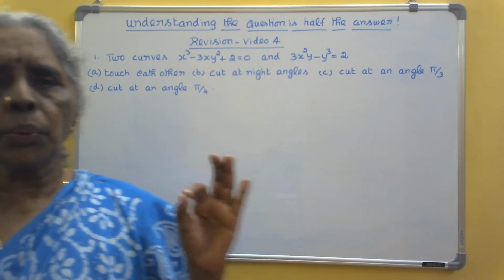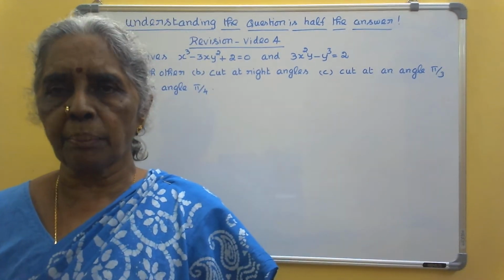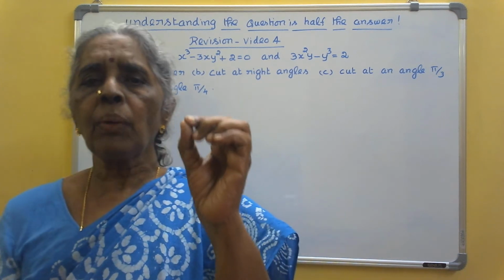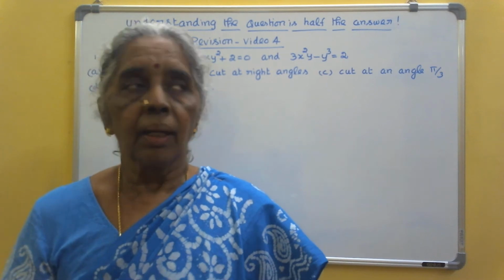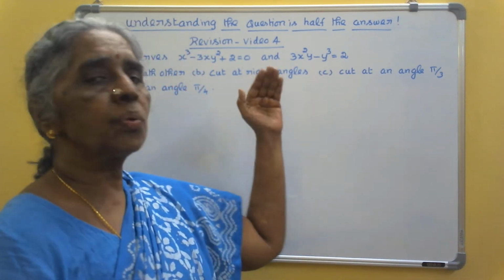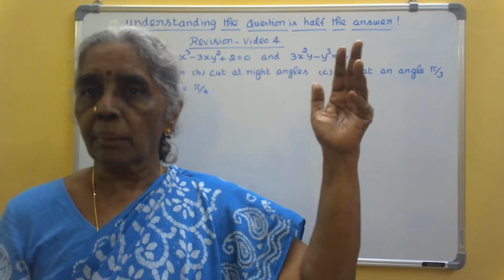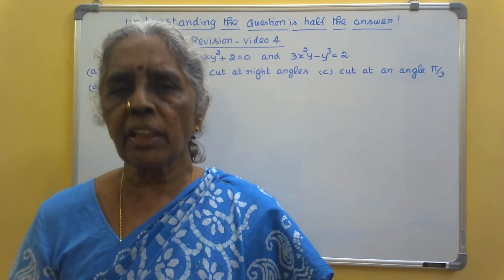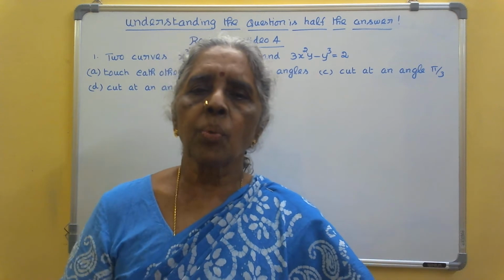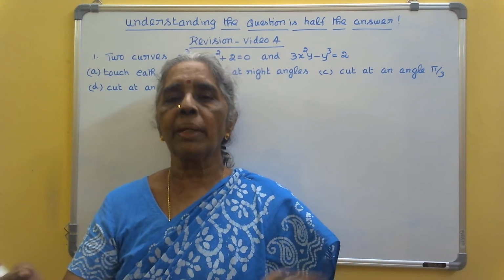You know, when two curves touch each other, that means there will be one common tangent at the point where they touch, right? What do you mean by the two curves cutting at right angles? That means the angle between the tangents at the point of intersection will be 90 degrees. So in that case, m1 m2 will be equal to minus 1.